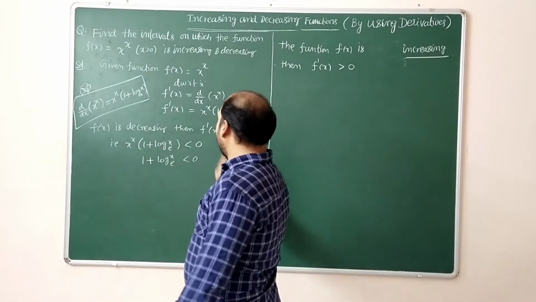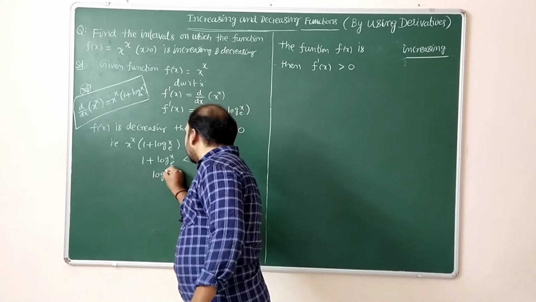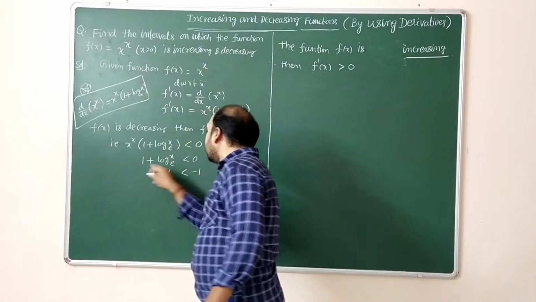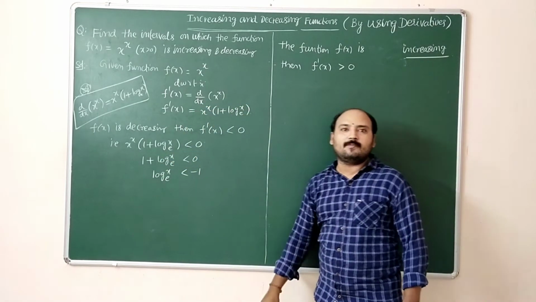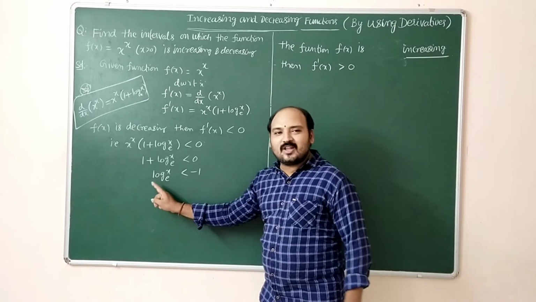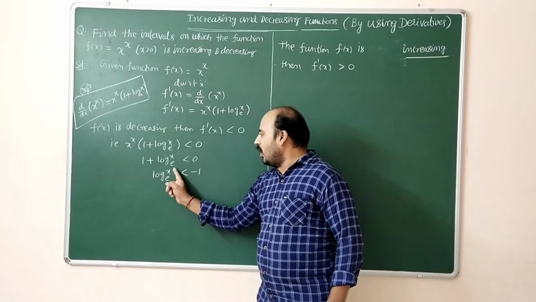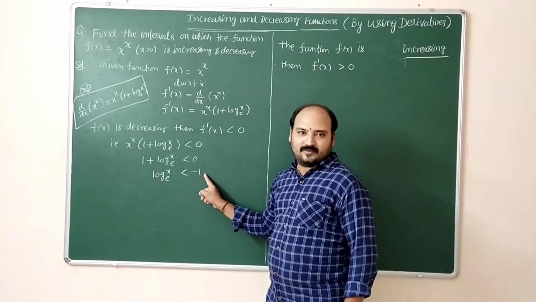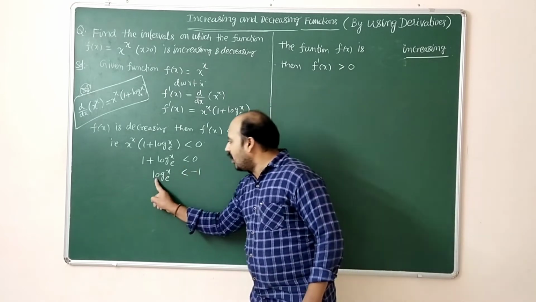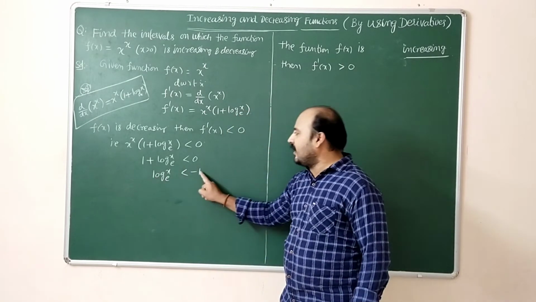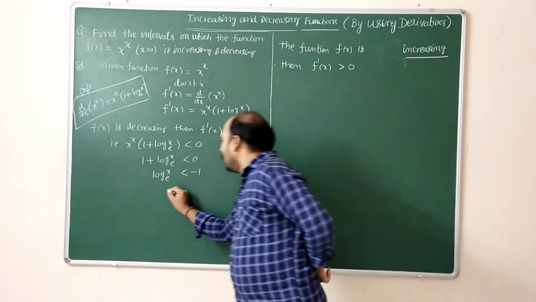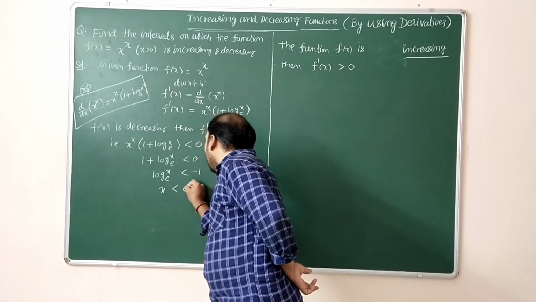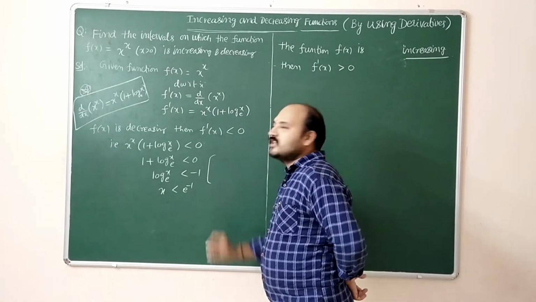So 1 we are taking this side. Log x to the base e is less than minus 1. Plus 1 we are taking this side, it will become minus 1. Based on the logarithm properties, log x to the base e is less than minus 1. If you remove log here, e power minus 1 will come. So x is less than e power minus 1, based on the definition of logarithm.